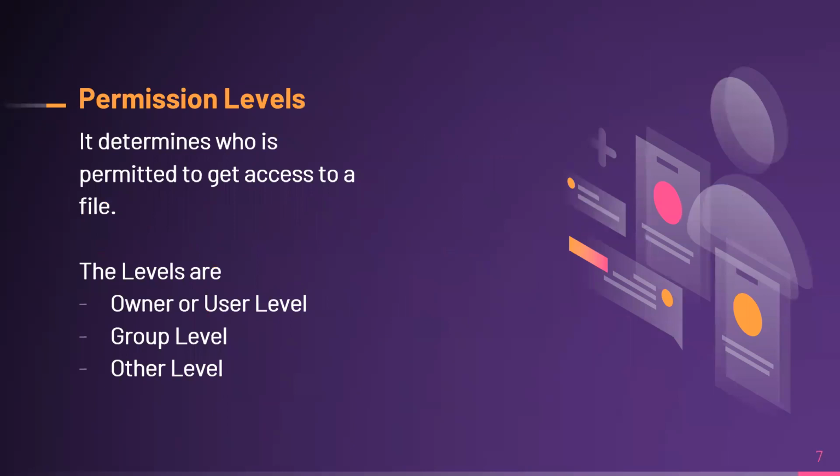Now, when we talk about the permission levels, that would determine who or what kind of identity can access a file. It's just the identity. So we have three main levels. The first level is the user or owner level. Basically, the user or owner level ideally will be the person who created the file. So when we say who created a file, which account was the file created in?